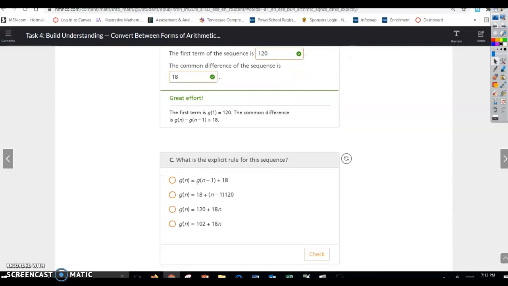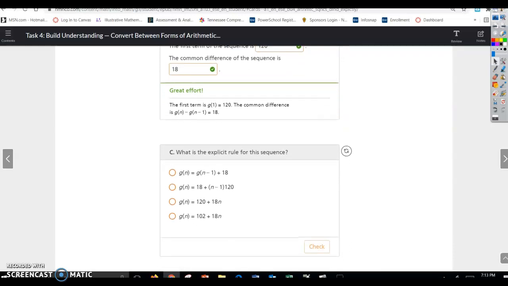So to get the explicit rule, we have to think about the previous term. So if I take 18 away from 120, that gives me 102. And then I just do 102 plus 18 times n, whatever the term is.